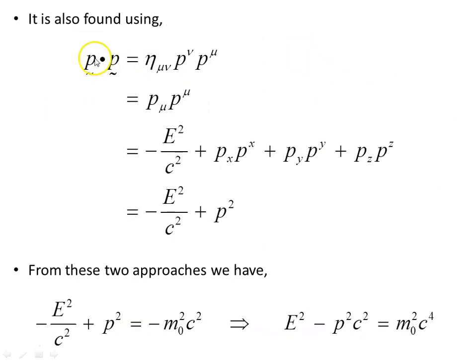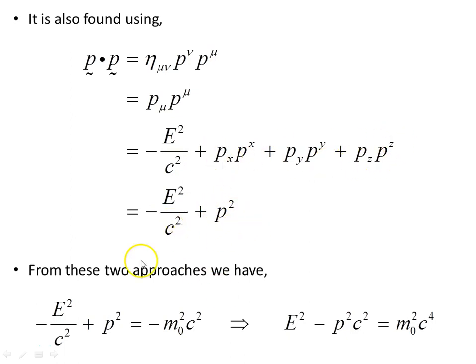Now we can also find it by p dot p, again using the metric here. We'll lower that index, so doing p lower with p upper gives us this object here, and we can rewrite that. This is just the square of the momentum, p squared.